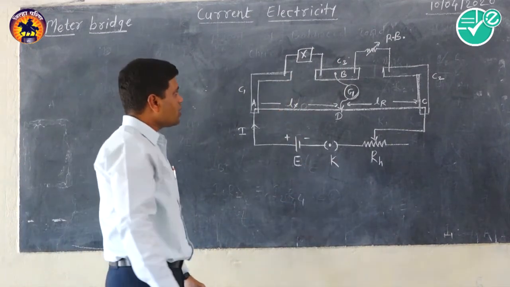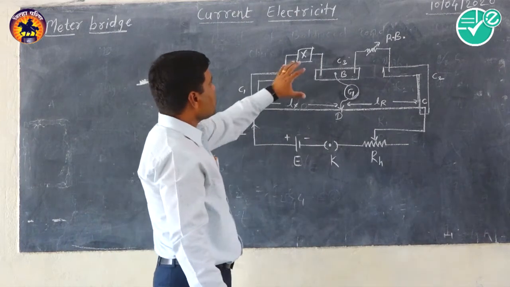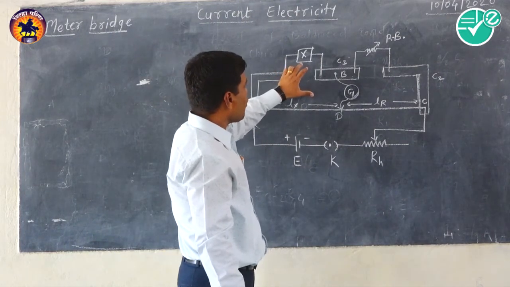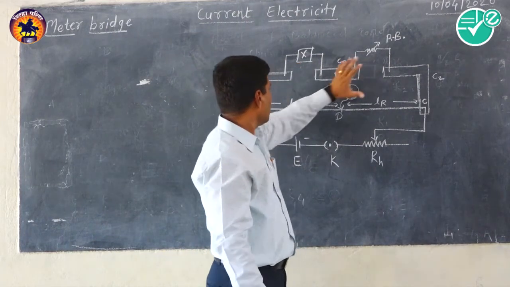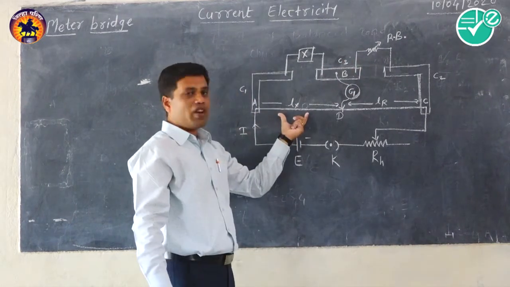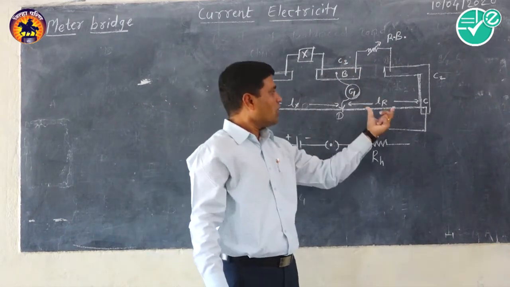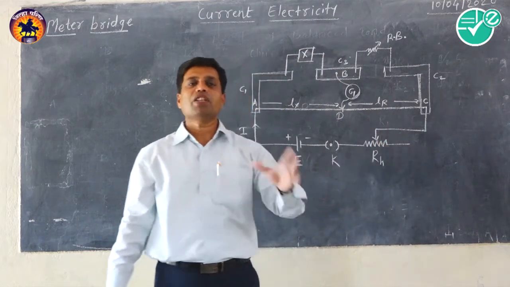Now in this case, the ratio of resistance X to the resistance R, and the ratio of resistance of length Lx to the resistance of length Lr will be the same.